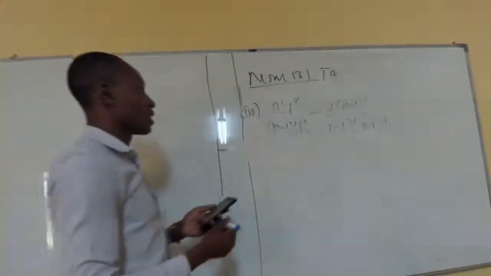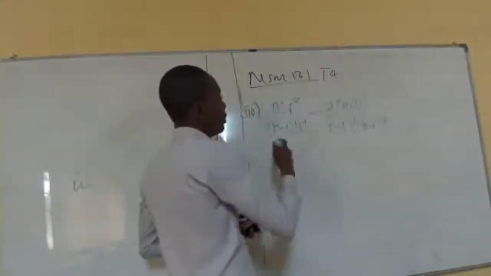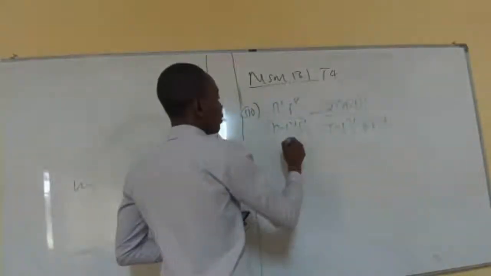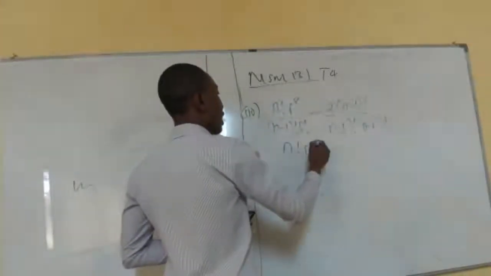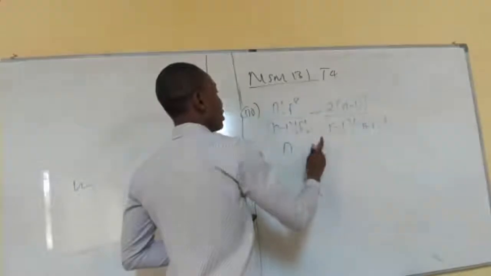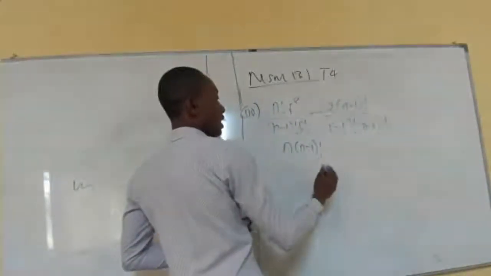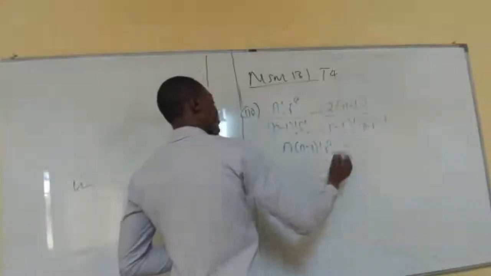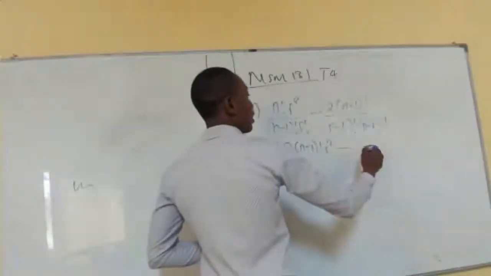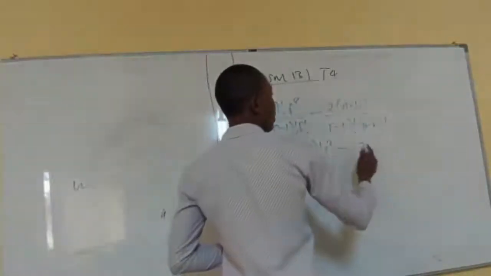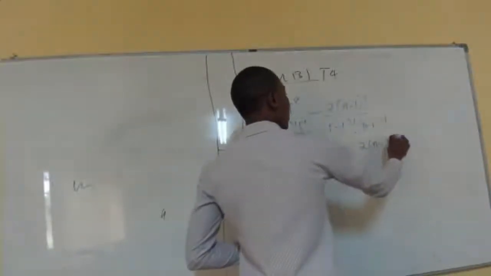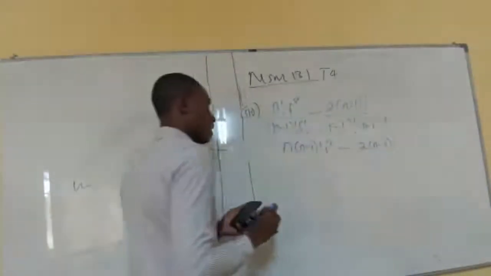As I said, what you now have is n factorial r squared, so let's write this as n minus 1 factorial. Then we have r squared minus 2, then n minus 1 factorial. We maintain that.